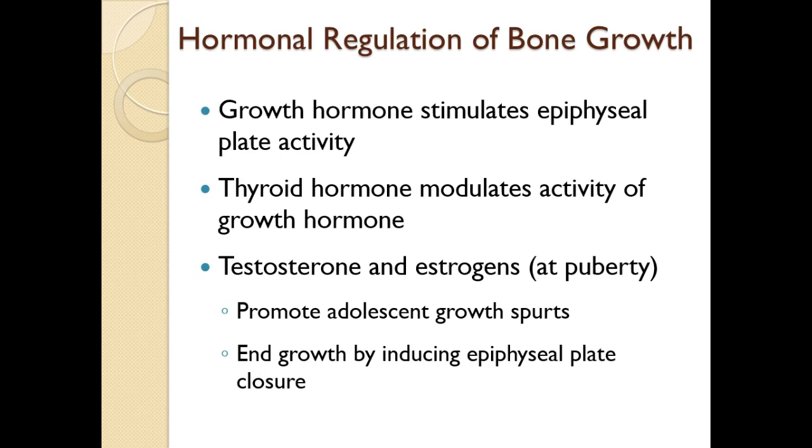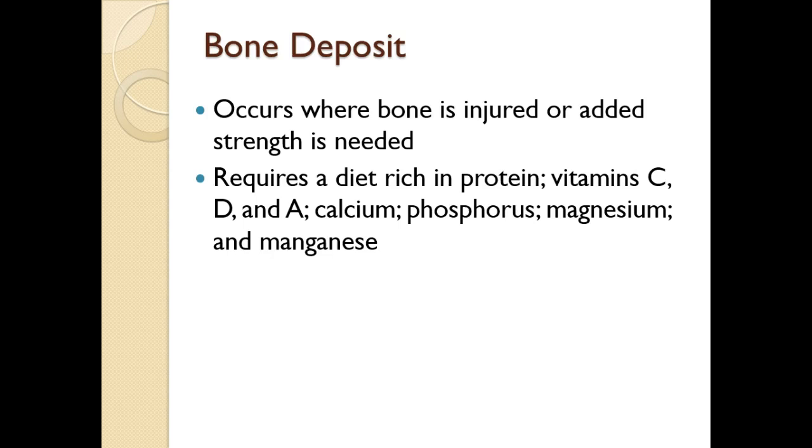And then testosterone and estrogen at puberty help to promote growth spurts as well as end growth by inducing the closing of that epiphyseal plate. That's also called ossification, so don't forget that term: conversion of cartilage tissue or any other type of tissue to bone.